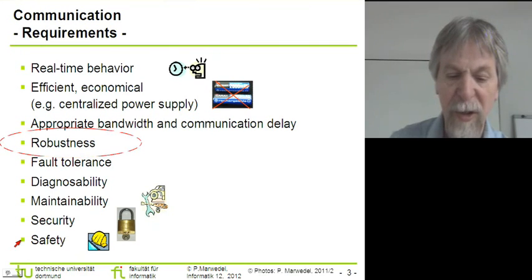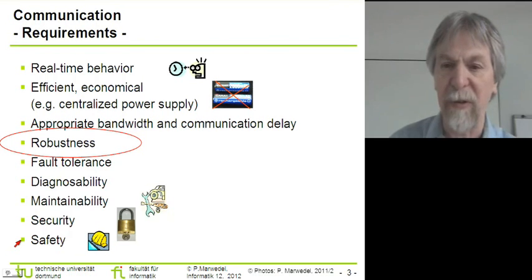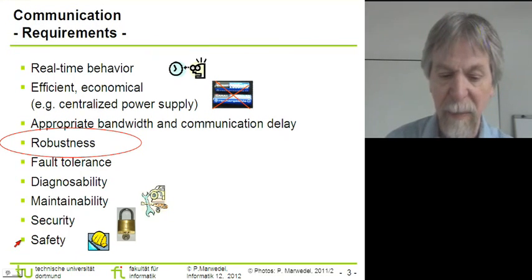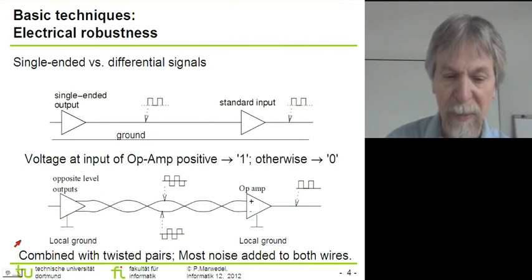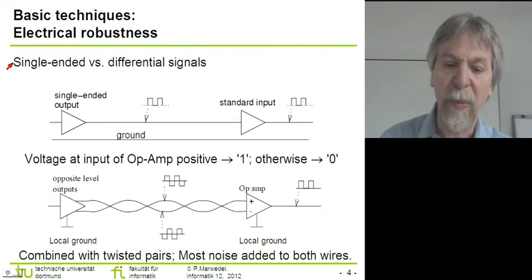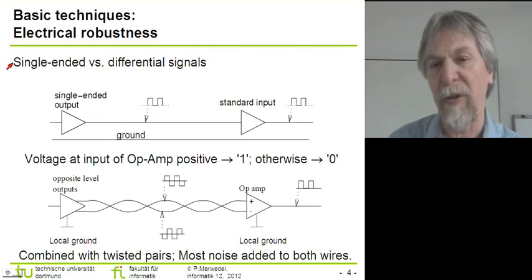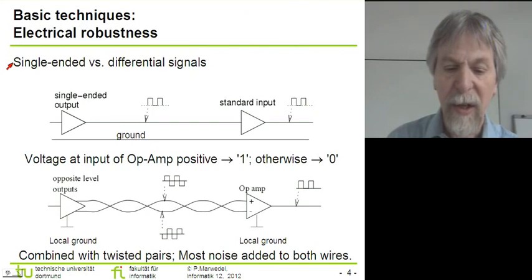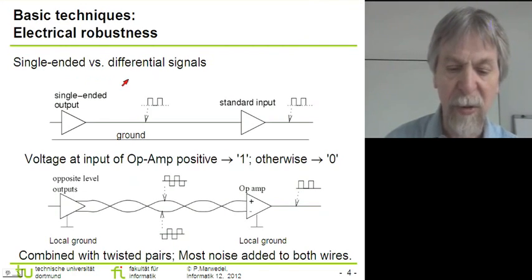And I'd like to start with an example that tries to improve the robustness of our communication techniques. And I'm trying to improve robustness at the electrical level. At the electrical level, we can improve robustness over a communication technique that you possibly do assume frequently by having the transition from so-called single-ended wires towards differential signaling.